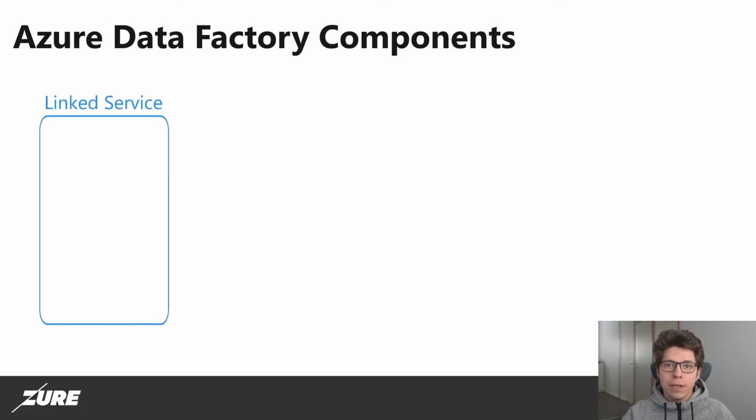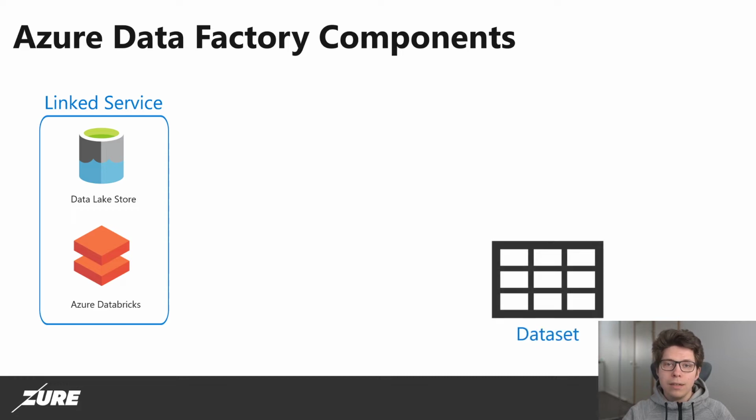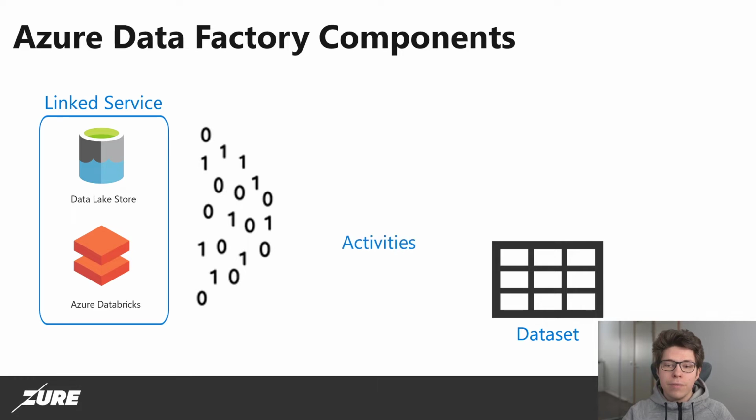The components of a data factory are basically a linked service, and these can be something that store data or handle data, like the name says, a service that is linked to the data factory. Then you have a dataset, which, as the name says, is just a set of data, and the data is coming from some linked service. Then you have activities, which basically do something with the data.